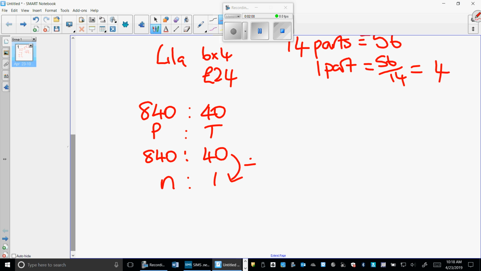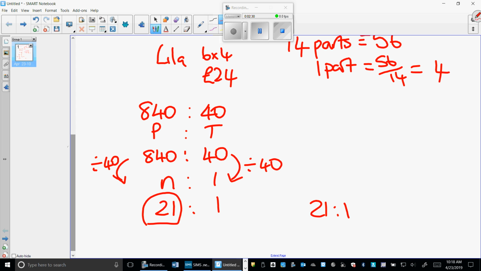So we're going to have to divide that by 40. What we do to one side, we must do to the other. So 840 divided by 40 is 21. Now this is not always going to be a whole number, so just don't freak if it's not. Okay, so our final answer is then 21 to 1.